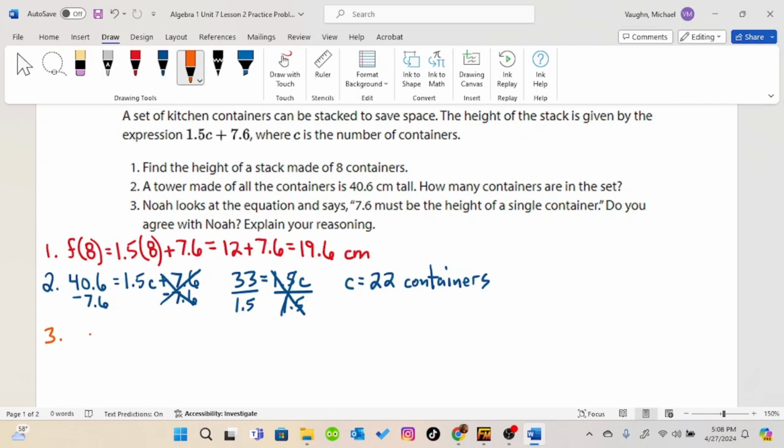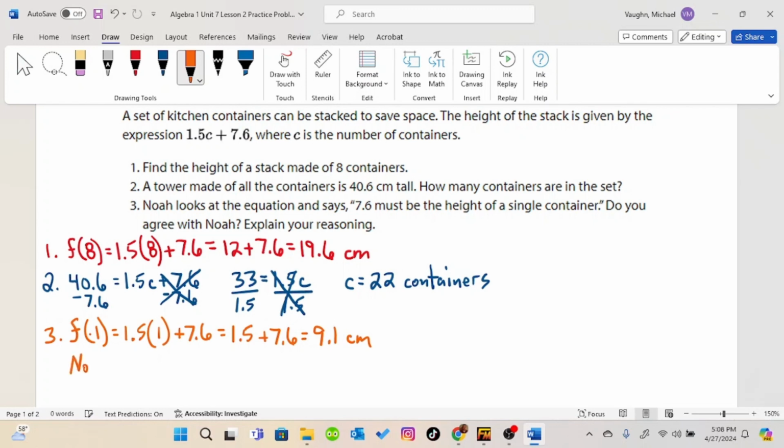If we say there is one container, then f of 1 equals 1.5 times 1 container plus 7.6. 1.5 times 1 is 1.5, and 1.5 plus 7.6 equals 9.1 centimeters.